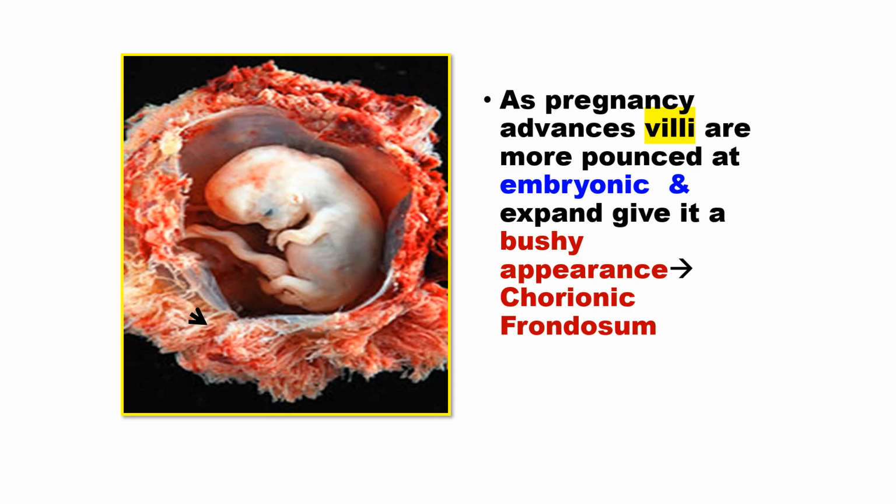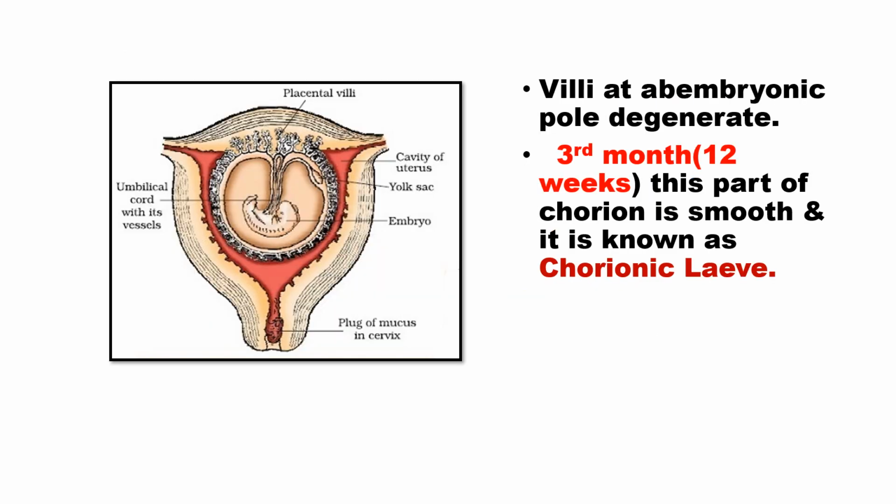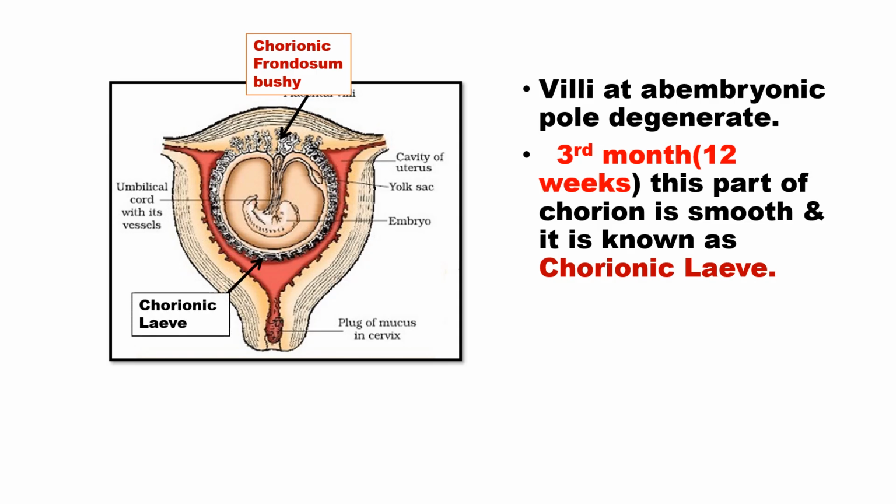As pregnancy advances, the villi are more pronounced at the embryonic pole and they expand to give a bushy appearance, and this is known as the chorion frondosum. On the other hand, villi at the abembryonic pole are less well developed.